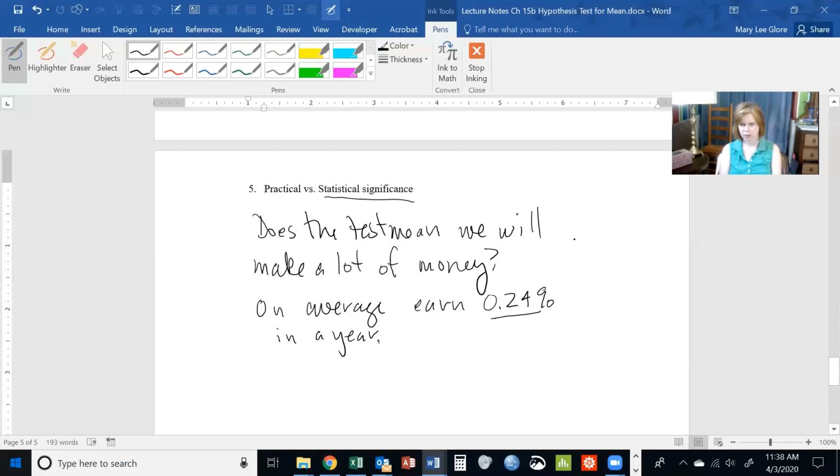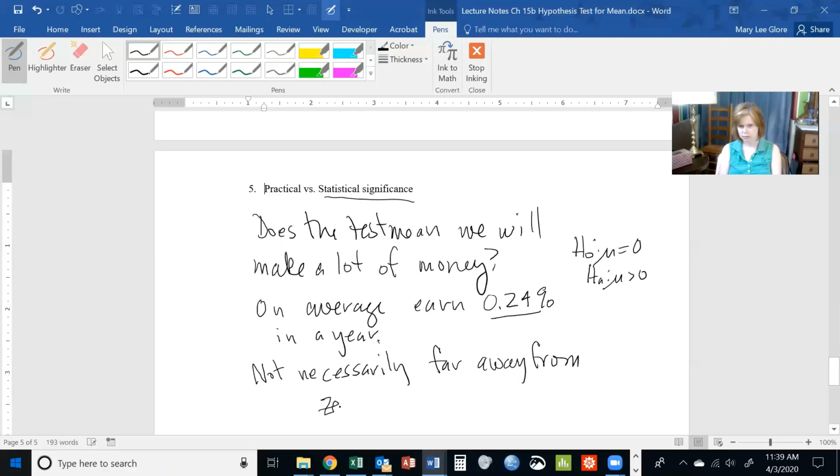So we know that it's not 0, but it doesn't necessarily tell us that it's very far away from 0. Just because it's statistically significant doesn't make it a big deal.